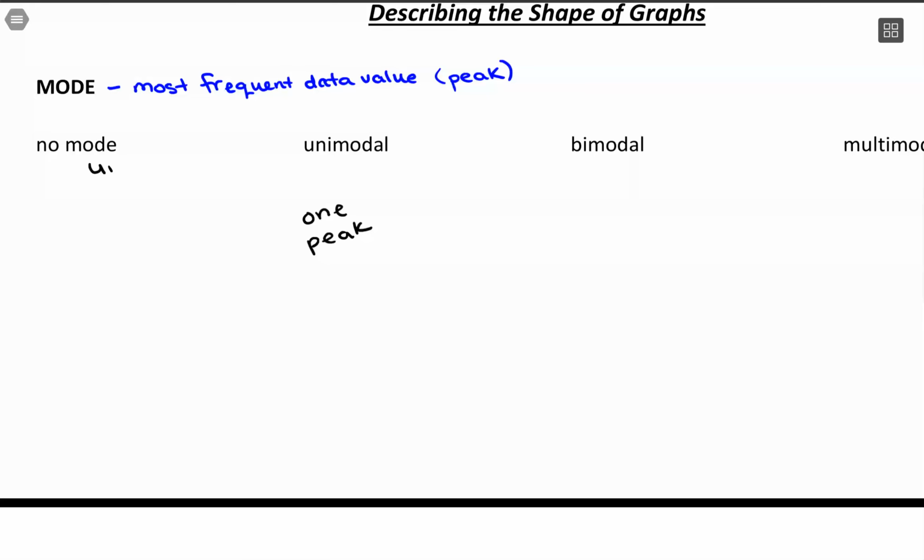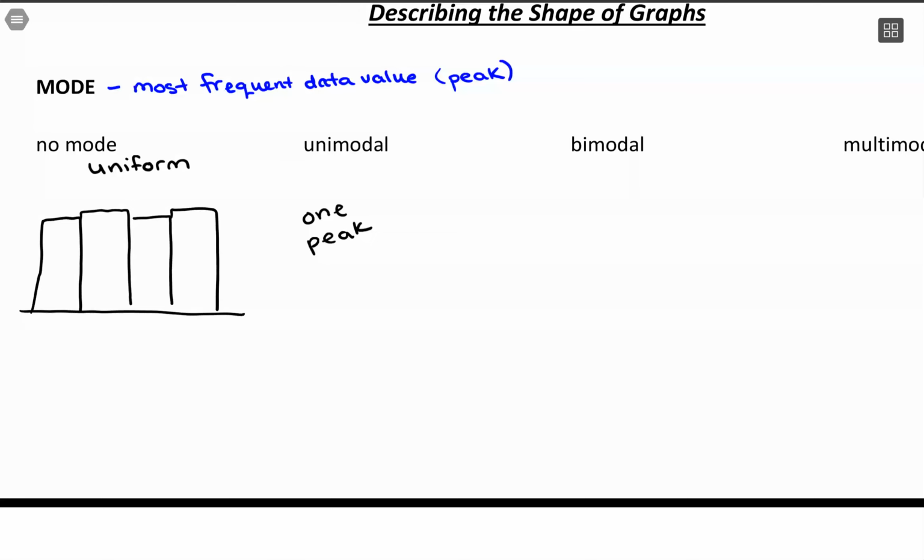This is also called the uniform model. And this is where there isn't a peak, which means when the data is graphed, it's relatively flat. Something like that for a histogram.